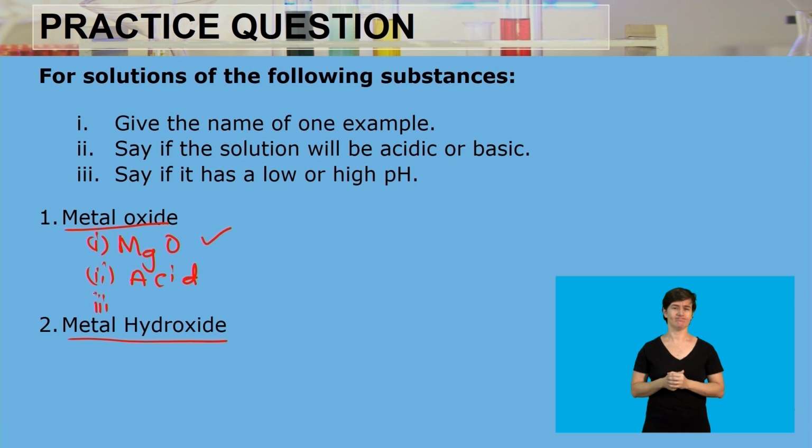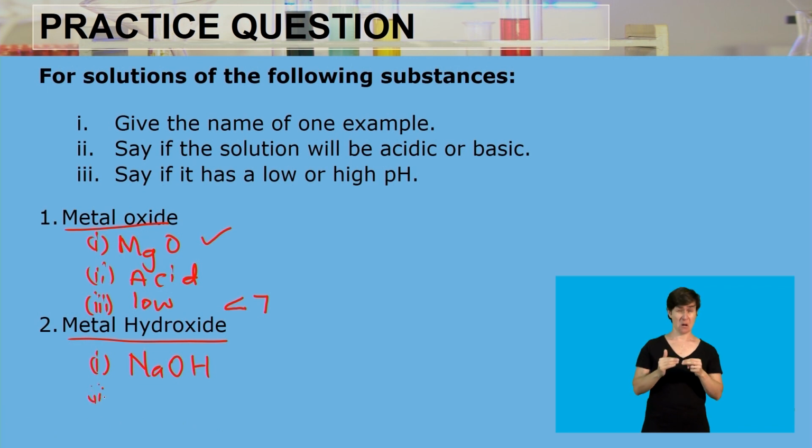And then number 3, say if it is a low or a high pH, then obviously if they're acidic, their pH is low, which means it is less than 7. Then metal hydroxides, number 1, and then we can think of NaOH, sodium hydroxide, as our metal hydroxide.